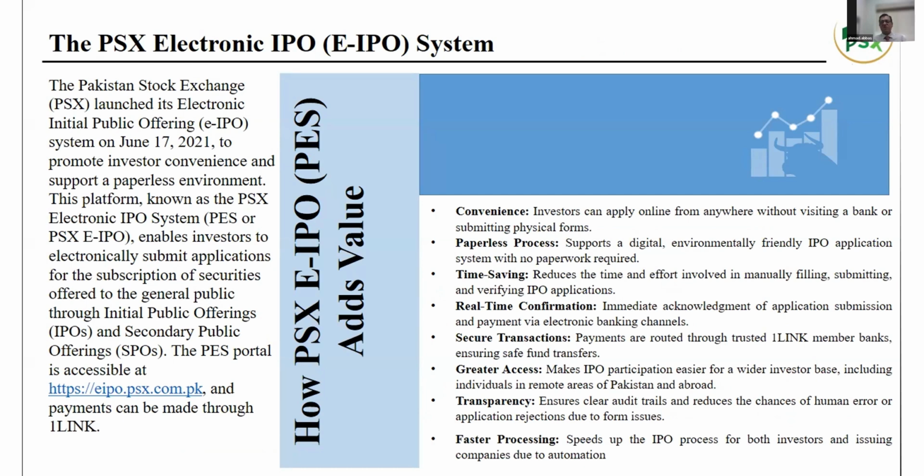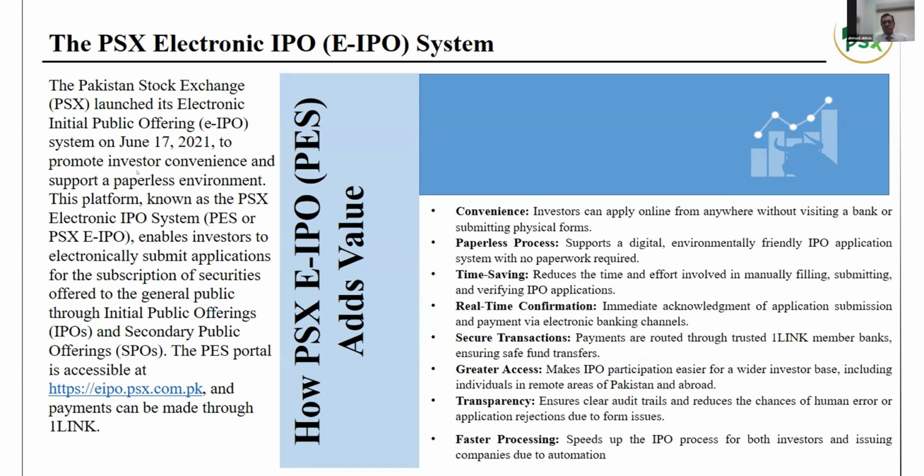It's convenient, it's paperless, it's time saving. There is greater access, secure transactions, transparency, and faster processing. Obviously, since the world is moving towards electronic systems, we felt the need to move towards it. And in 2021, we created our own system. The CDC system was available much before that.